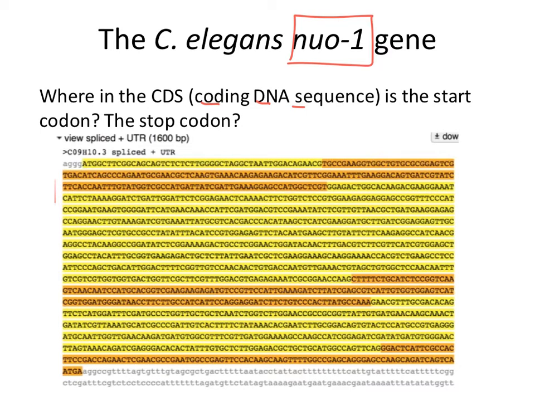So here you see the DNA sequence of the coding DNA sequence. This is everything that was transcribed into messenger RNA, minus, because this has already been spliced, any intron sequence. So this is showing you a messenger RNA sequence, except it uses T's instead of U's. Hopefully that doesn't freak anybody out.